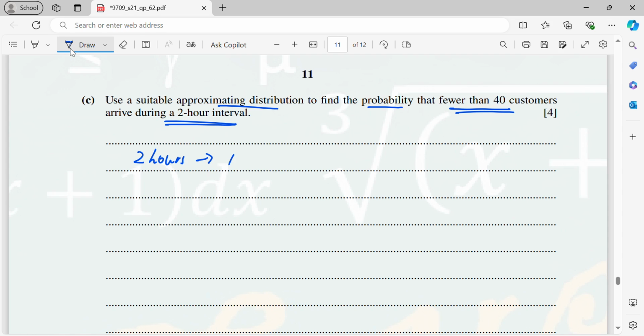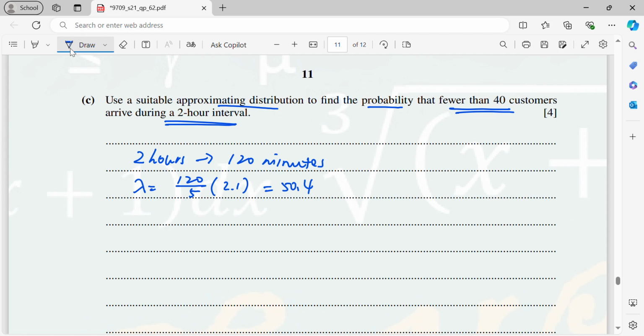So now my lambda becomes 120 divided by 5, because every 5 minutes you get 2.1. So you divide by 5 and multiply by 2.1. That is going to be 50.4.